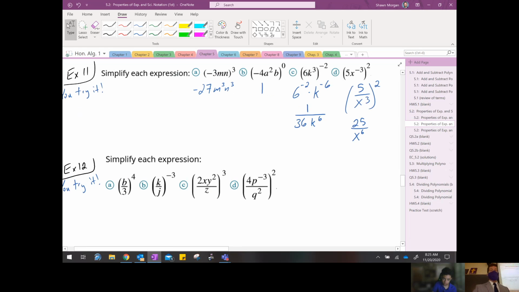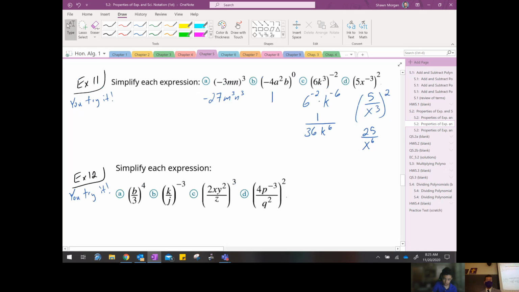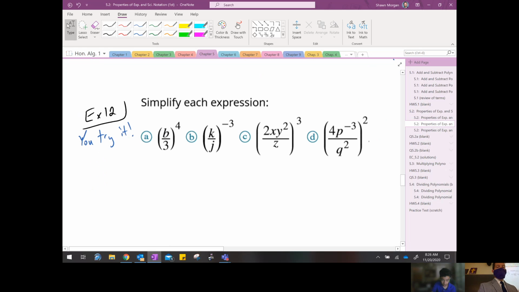Example 12. You got part A for me? What do we get? All right, let's see if we can apply the power of a quotient. I want you to raise the top to the 4th power and the bottom to the 4th power. What's b to the 4th? Just b to the 4th.